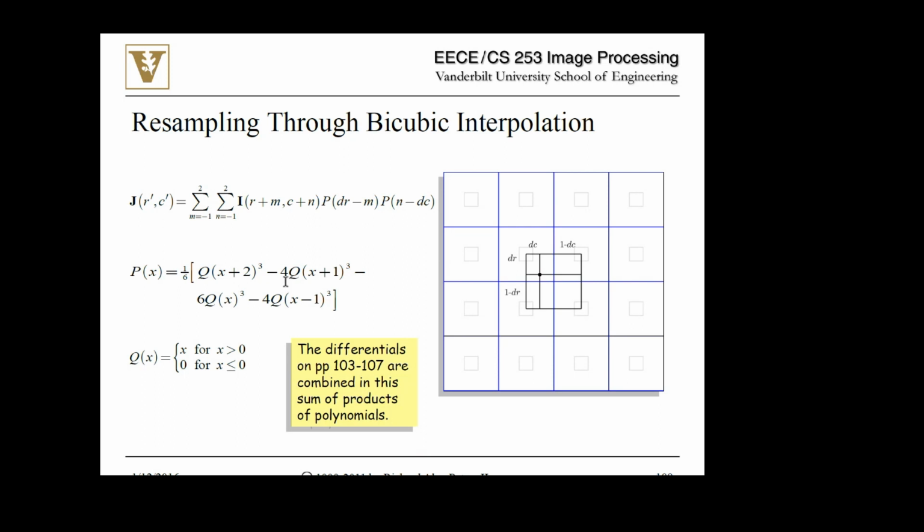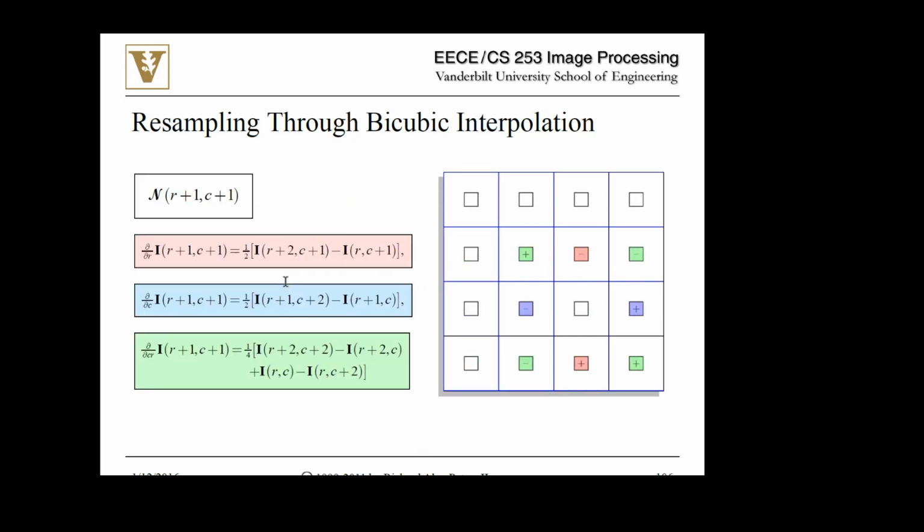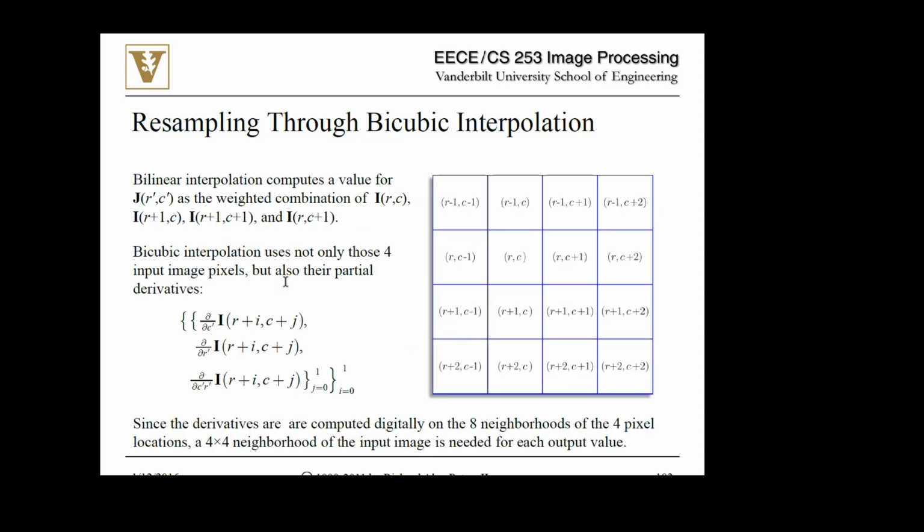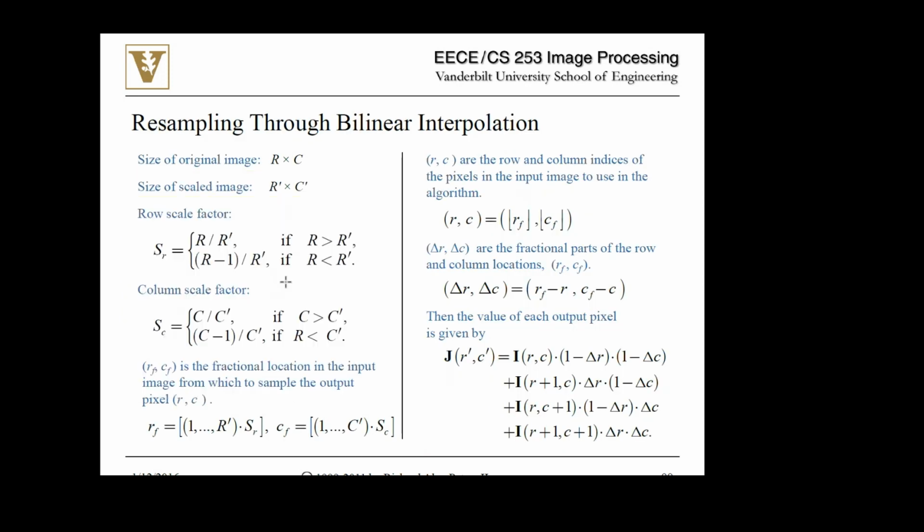In general, it has this form. So it has the intensity at each one of the locations, and then a polynomial that is evaluated in y. We had the same with the bilinear interpolation. With the bilinear interpolation, we have all the pixel values, and then a polynomial of degree 1 times a polynomial of degree 1.